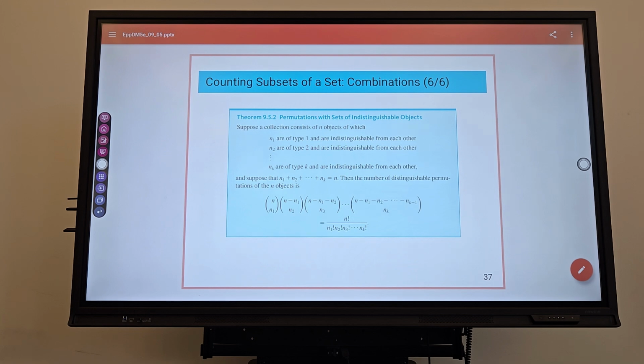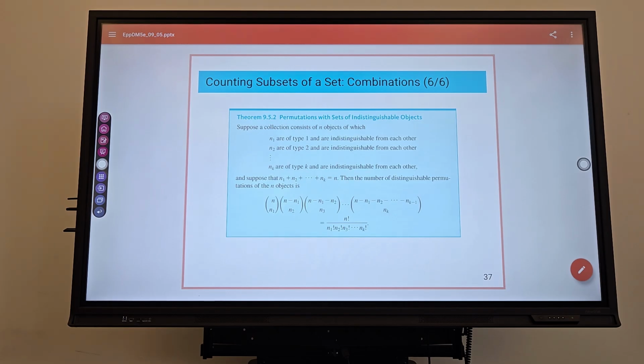Permutations with sets of indistinguishable objects. Suppose the collection consists of n objects, and the objects of each different type are indistinguishable from each other. And suppose that n1 plus n2, all the way up to nk, equals n.